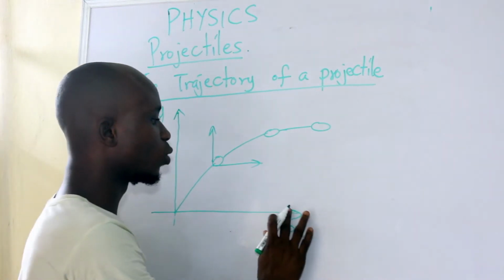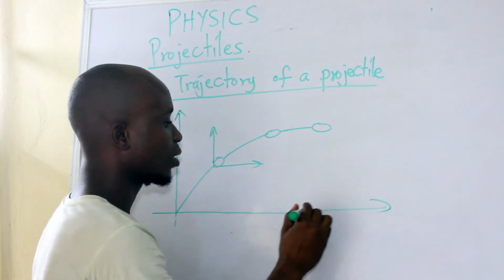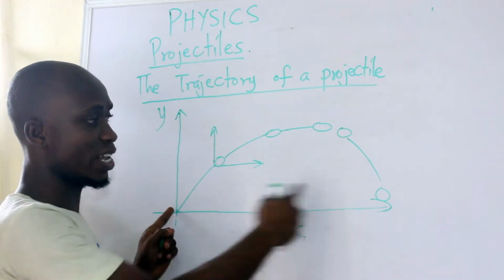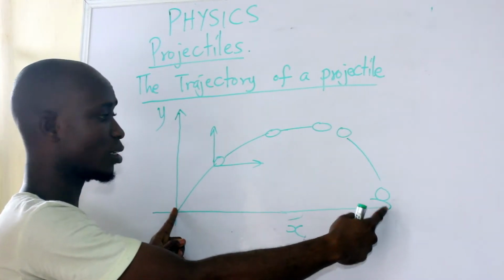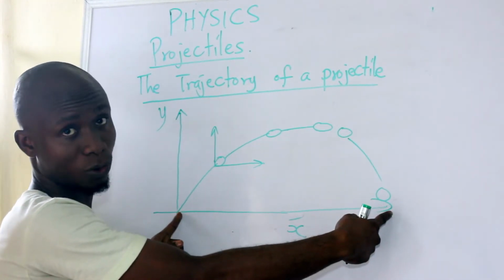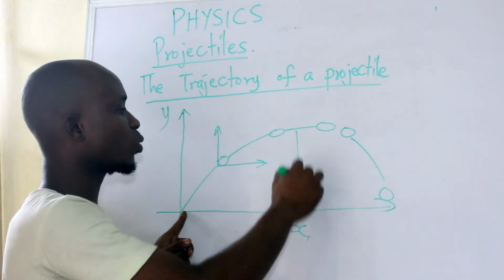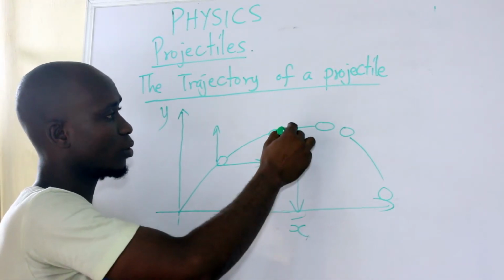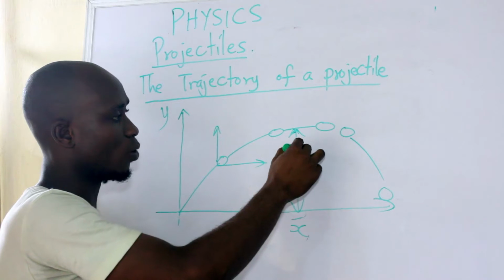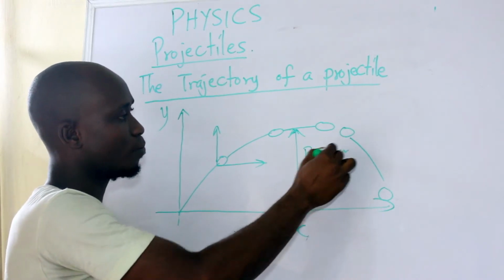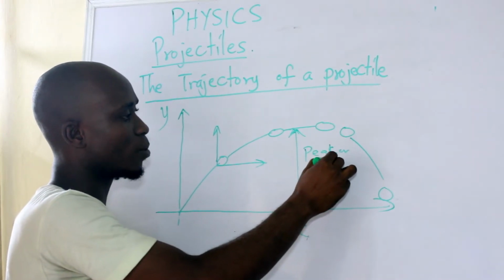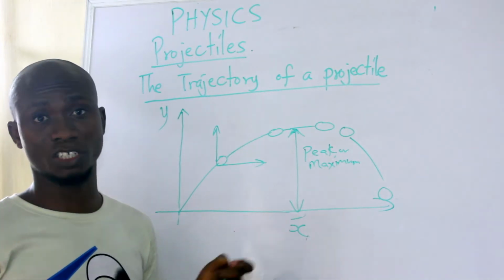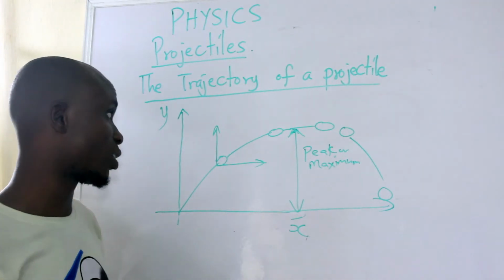Now, we need to know some few concepts here. We have what we call the range in a projectile, which is the maximum horizontal distance. We also have the vertical height, or the peak height, the maximum height, and this is the highest vertical displacement of the projectile.